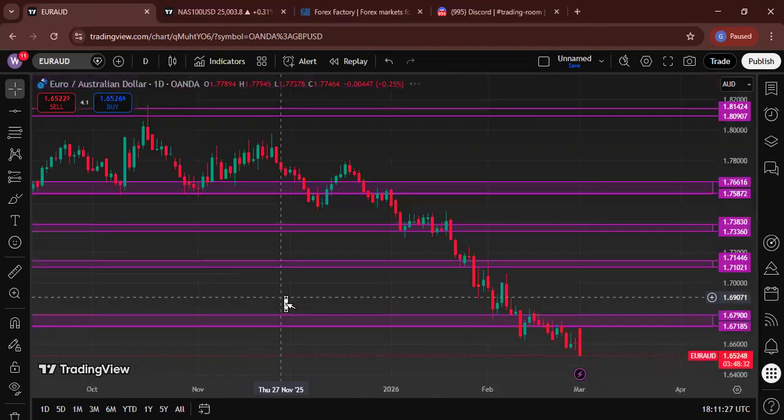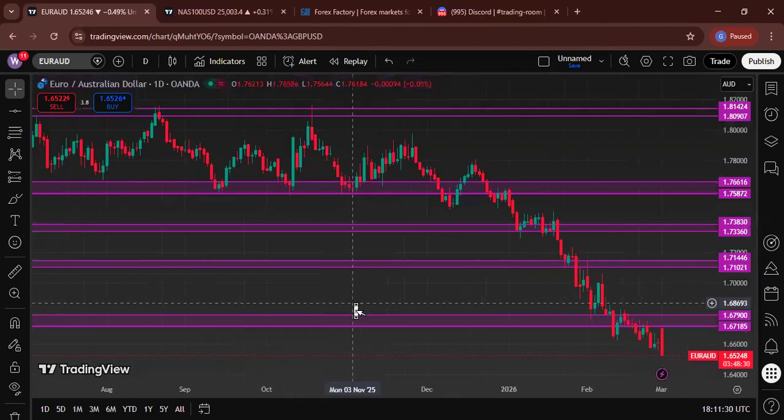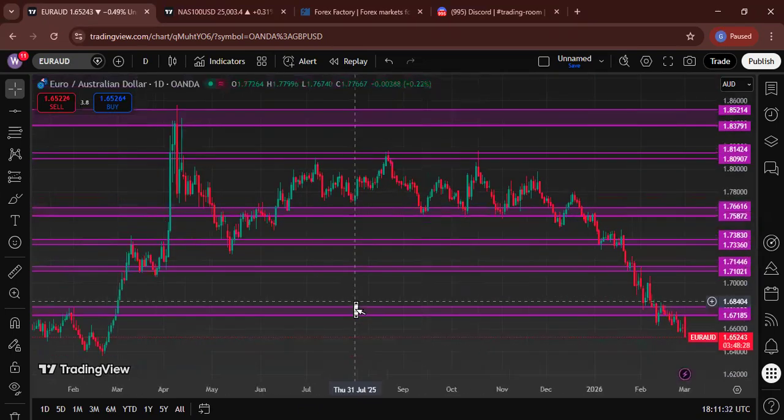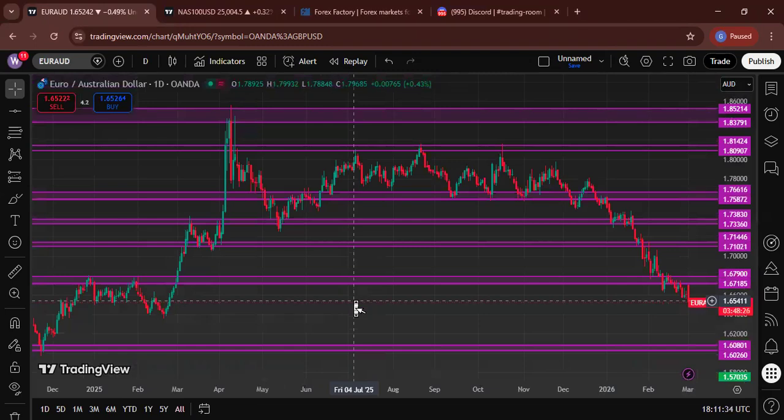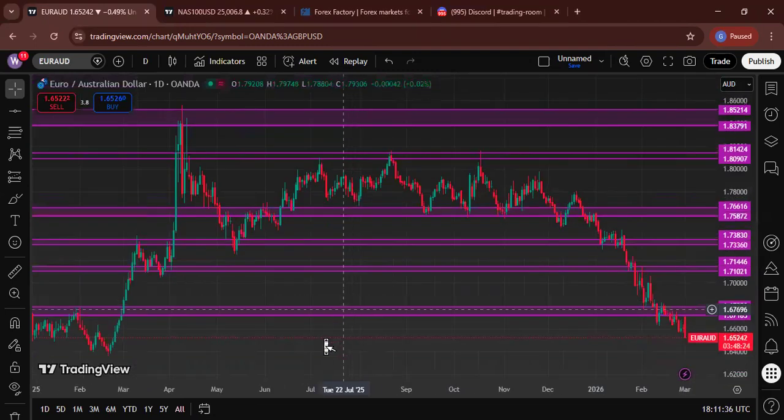I was stopped at break even. Your stop loss at break even? Yeah, I was swinging it. I held it over the weekend, but my stop loss was at entry, and in the morning I was out of the trade. Oh, because of the gap, the way it gapped up.